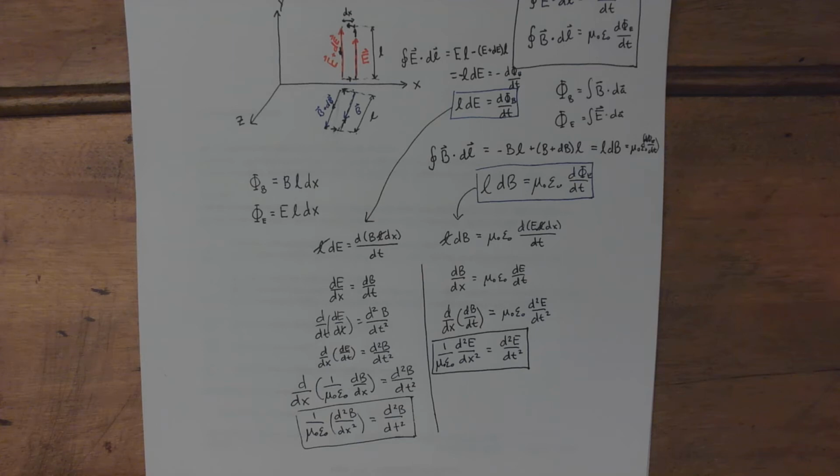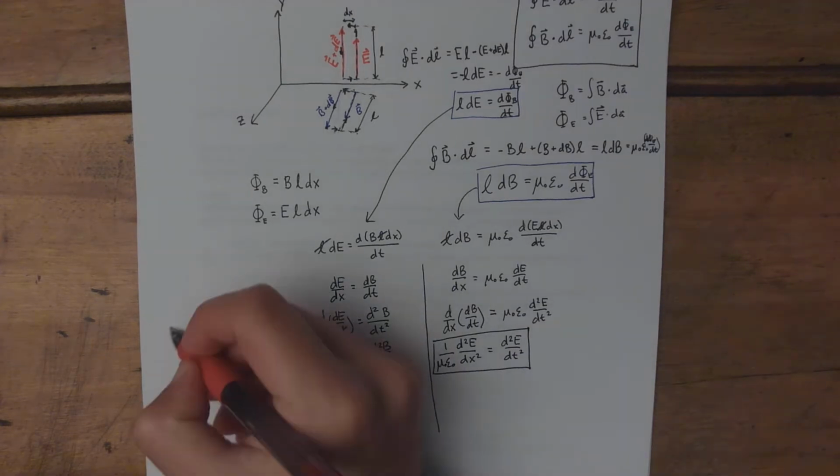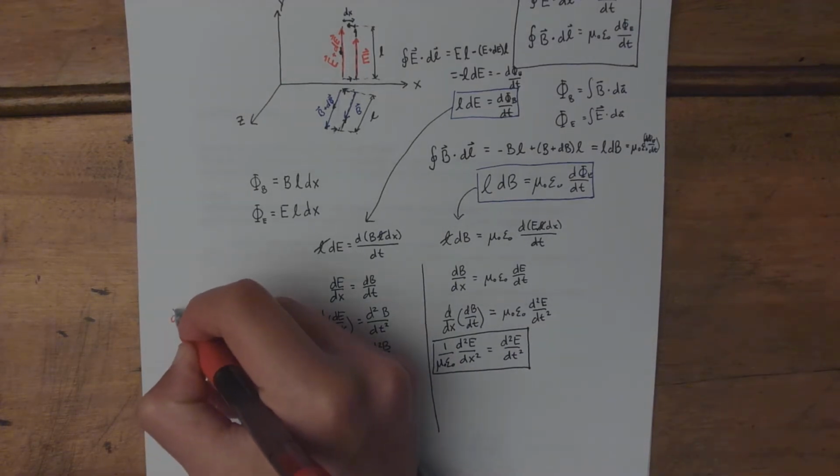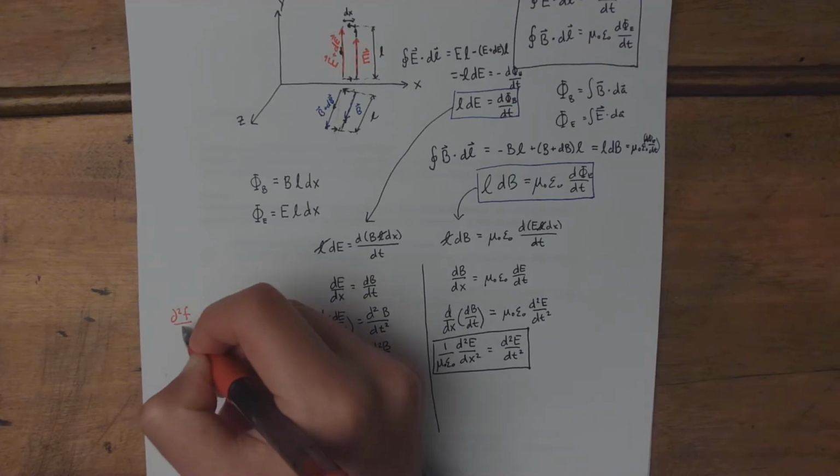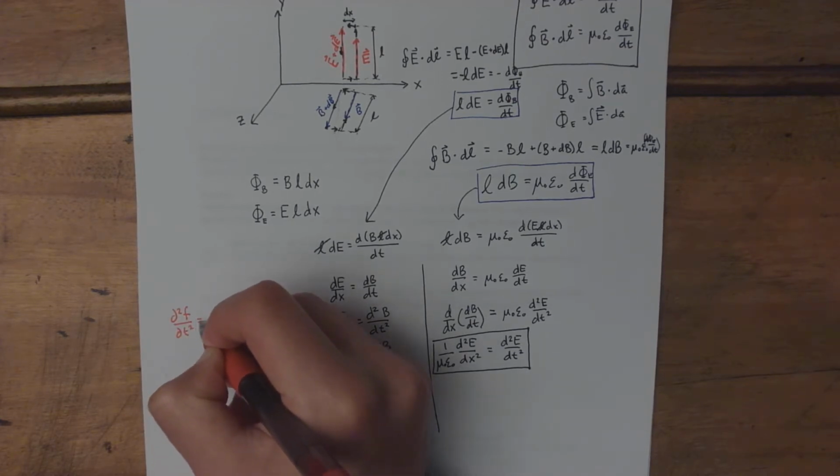Now it's time for me to introduce you to the general wave equation. So this is an equation in physics which you wouldn't have seen yet in a university physics class. You possibly may have seen it in high school, but the general wave equation says you take the second derivative of your function with respect to time.